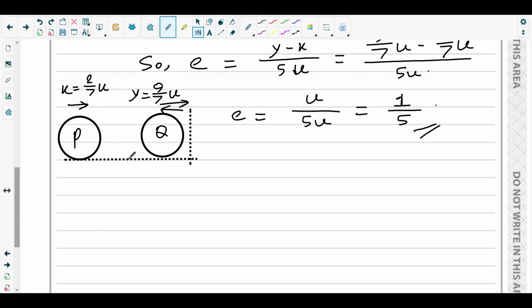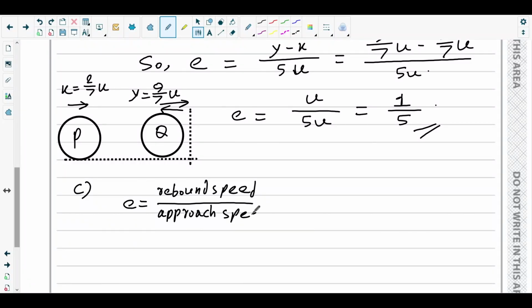Okay, so consider for part C, using coefficient of restitution, E equals rebound speed over approach speed for direct impact. So approach speed, we know that it is 9 over 7u.